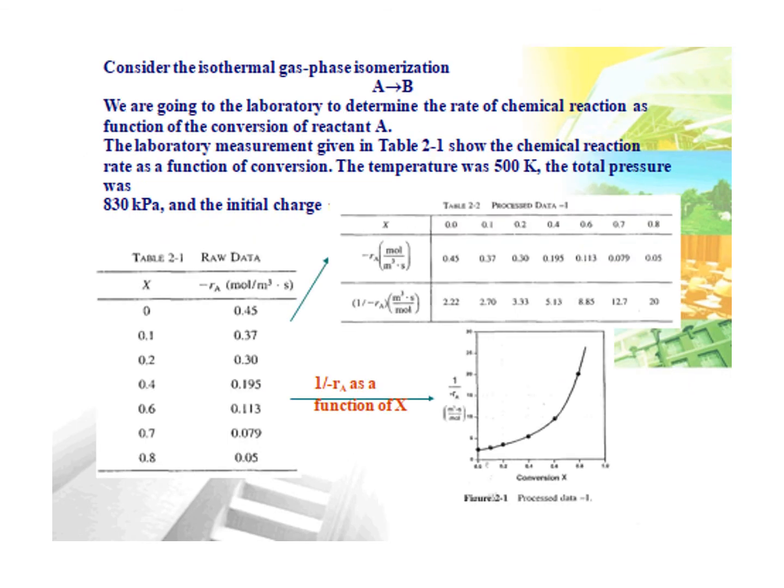Next, we'll consider the isothermal gas phase isomerization reaction. We go to the laboratory to determine the rate of chemical reaction as a function of conversion of reactant A. With the help of this table data, we see the values in the given data from 0 to 0.8, with raw rate data of 0.45, 0.37 and 0.30.